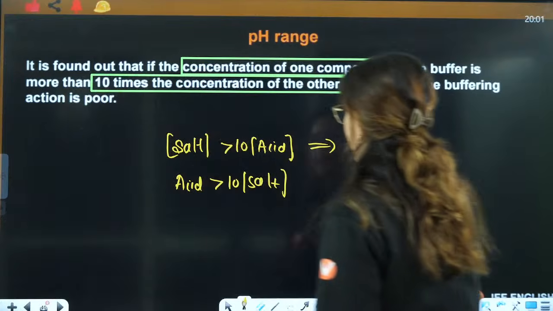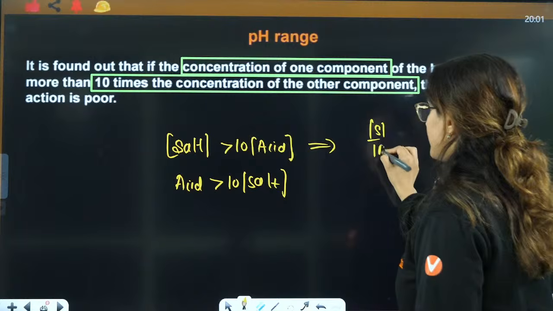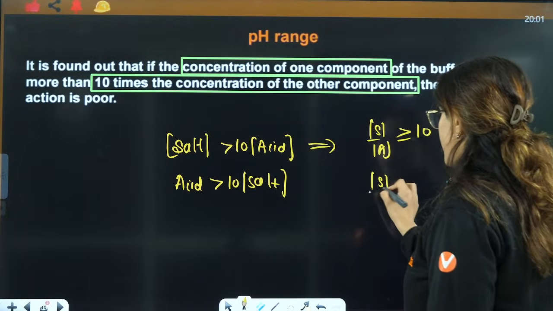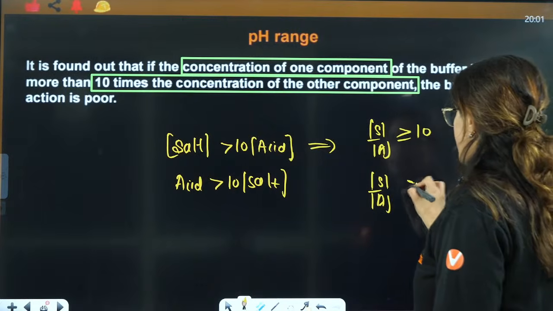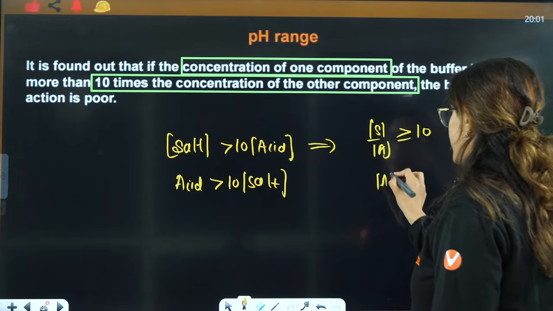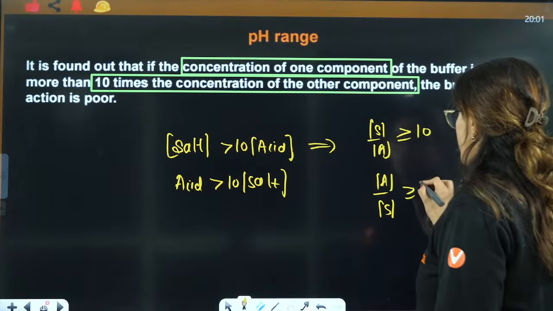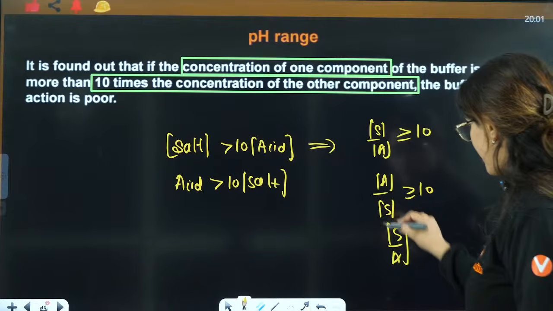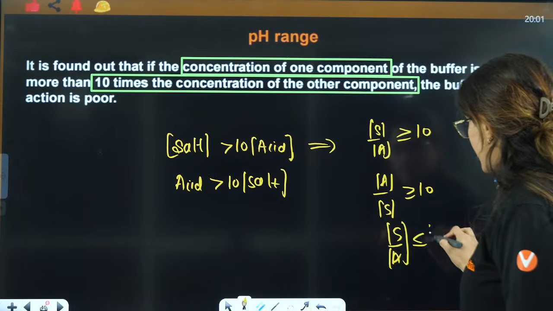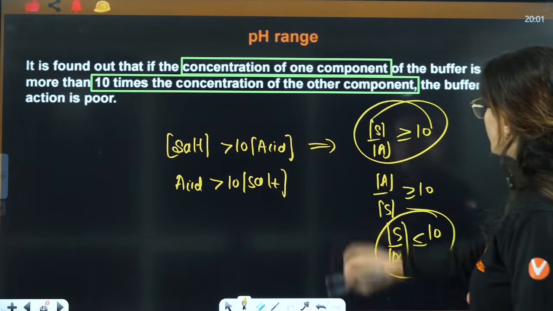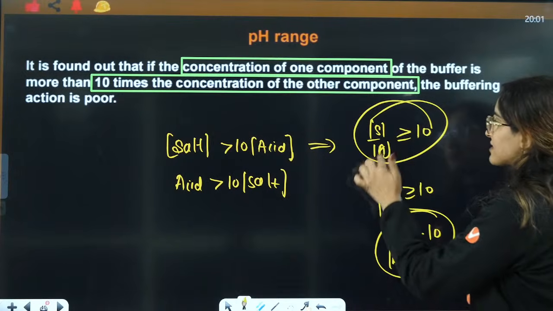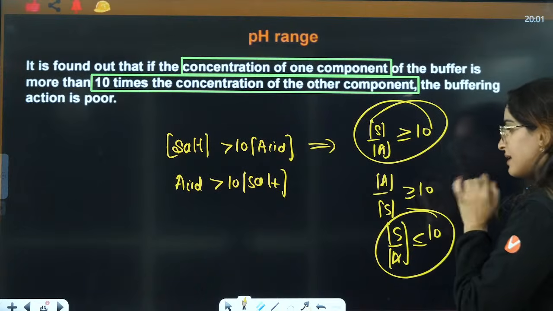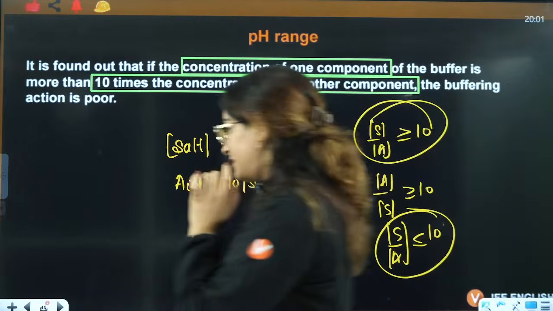I can write acid by salt is greater than or equal to 10. That means salt by acid, if I reverse this, is less than or equal to 10. So these are the two conditions: the salt by acid ratio either should be greater than or equal to 10 or it should be less than 10, right?